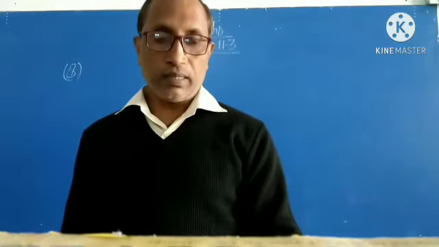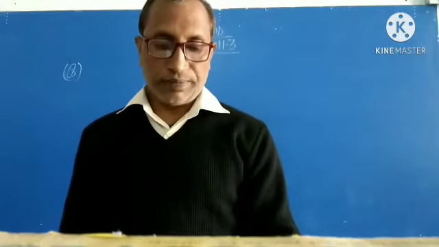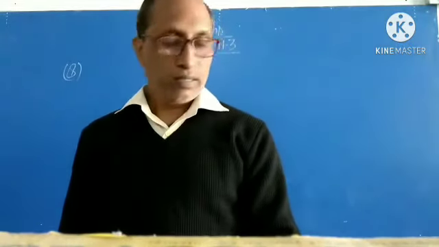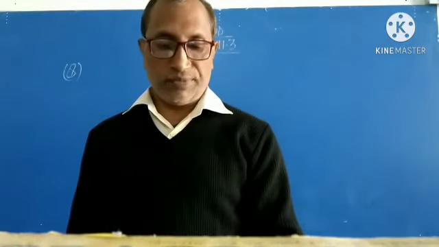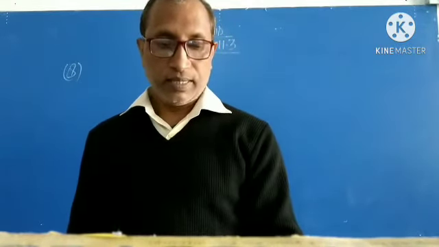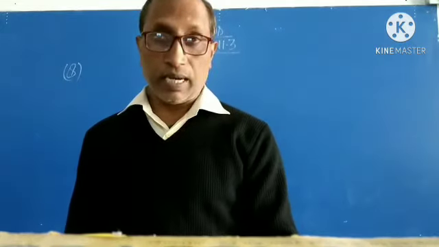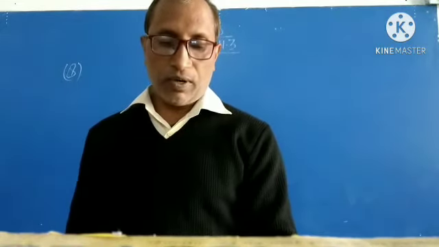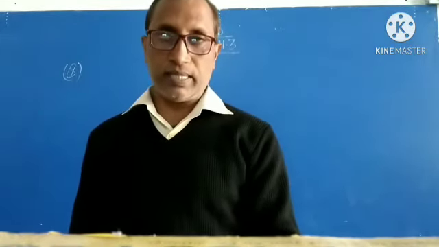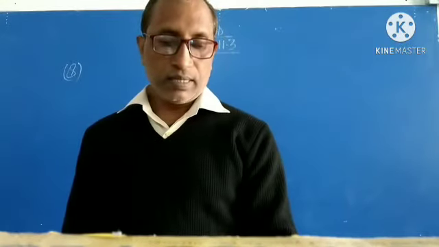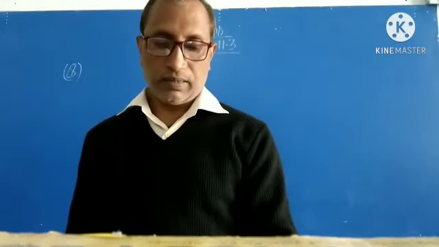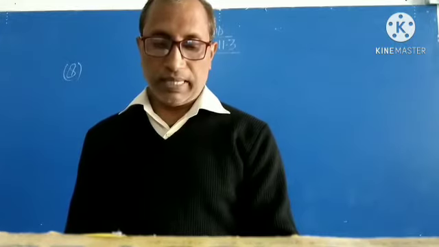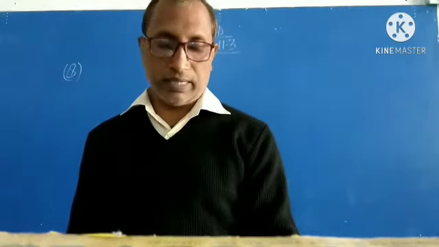It is your question number 8. The lateral surface area of a hollow cylinder is 4224 centimeters square. It is cut along its height and form a rectangular sheet of width 33 centimeter. Find the perimeter of a rectangular sheet.